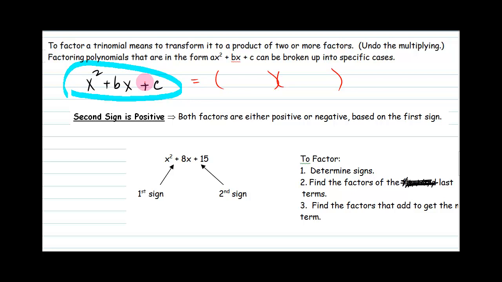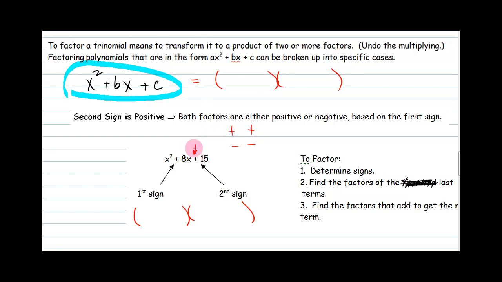We're going to be able to evaluate this trinomial in two ways. First of all, if my trinomial is of the form x squared plus bx plus c, I'm going to look at the second sign. If my second sign is positive, then I know when I factor this, I'm going to have either two positives or two negatives, because when I multiply two negatives together, I get a positive, or if I multiply two positives, I get a positive.